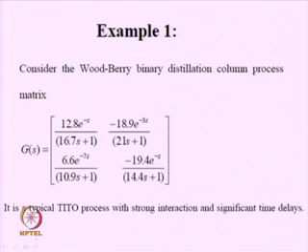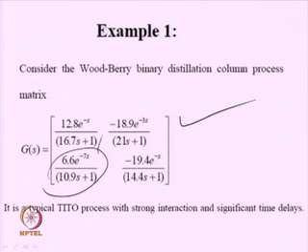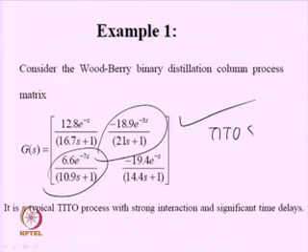Now, I will go to one example. Consider this example, which has a TITO transfer function matrix of this form. These entries show that the TITO system has enough loop interactions, so it is subjected to significant or strong interaction between the loops.